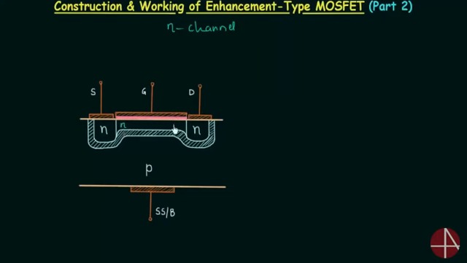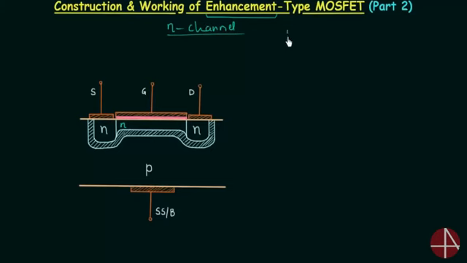Due to this reason, we have N-channel in the name. Enhancement stands for the reason there was no channel initially, but when we made the gate terminal more positive with respect to the body terminal, the channel enhanced, which was non-existent earlier. Because of this reason, we have enhancement in the name.